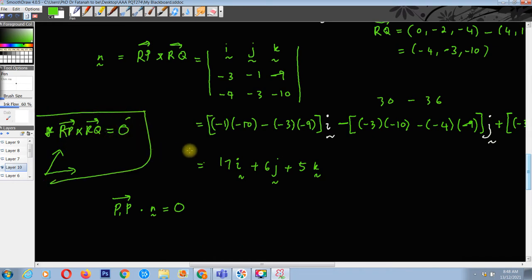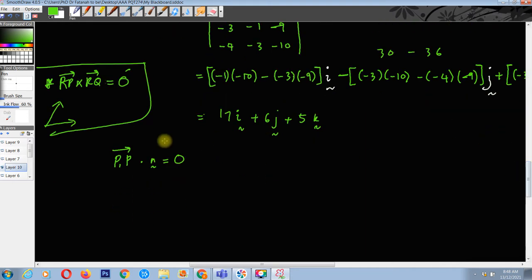Okay, so now, if dot product, what is dot product? Meaning this is parallel. If dot equals to 0, what is the meaning of dot product equals to 0?